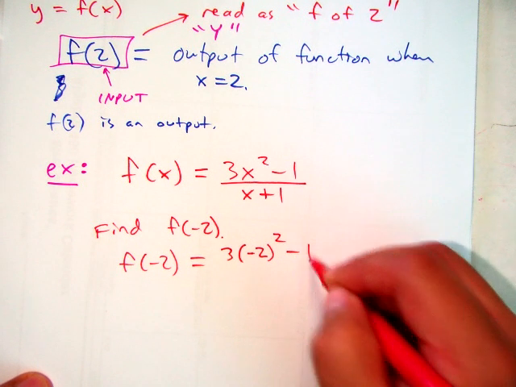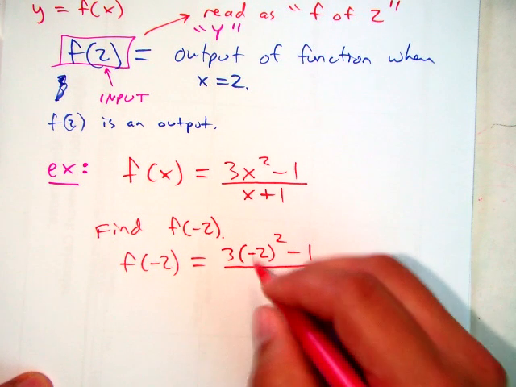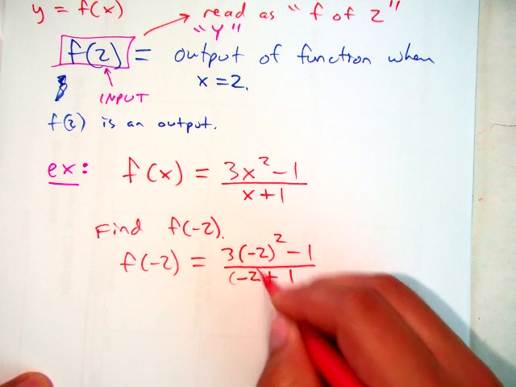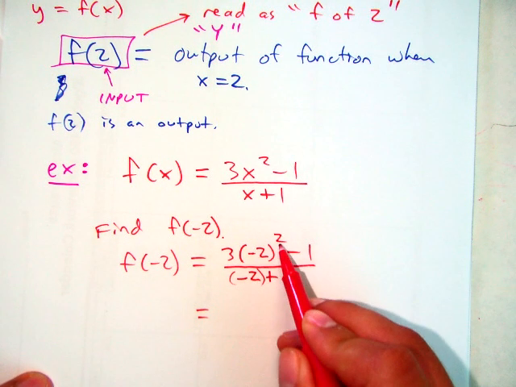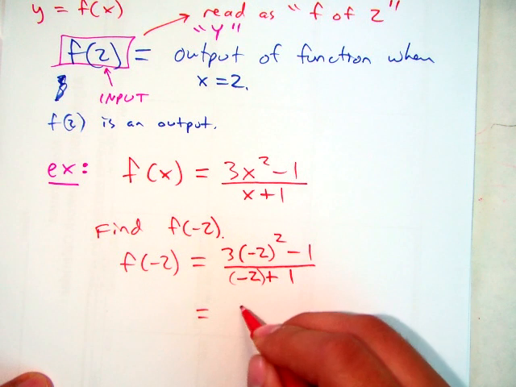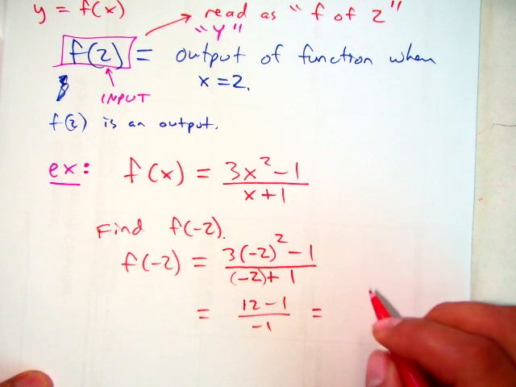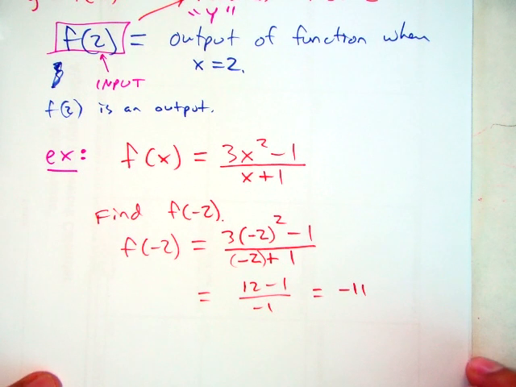Slow down there. Hold on. So let's see. We get negative 2 squared is 4, 12 minus 1 over negative 1. So negative 11. Oh, I was right. Of course you were right.